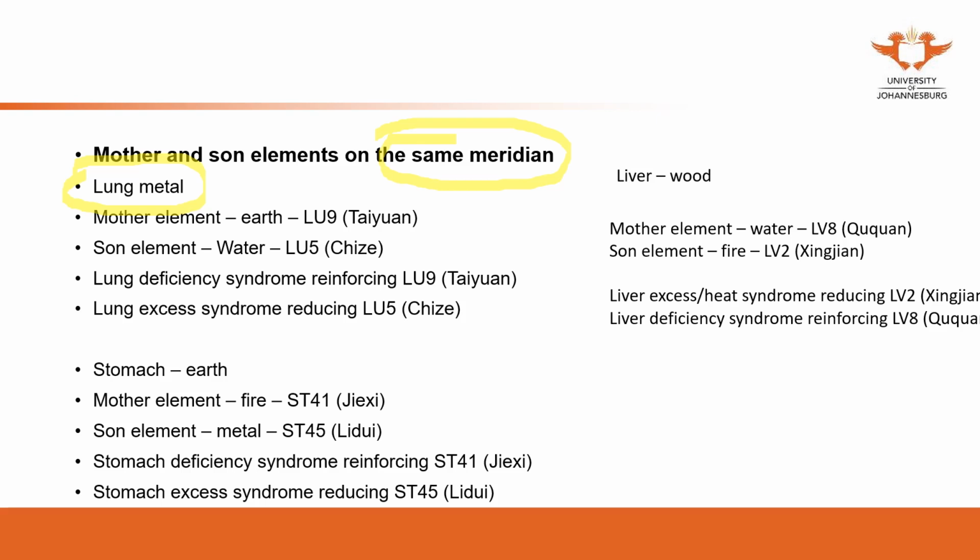The earth can generate the metal, so the earth is the mother of the metal. So you're going to draw on a piece of paper: wood, fire, earth, metal, and water. Draw a picture of this generating cycle of wood, fire, earth, metal, and water.